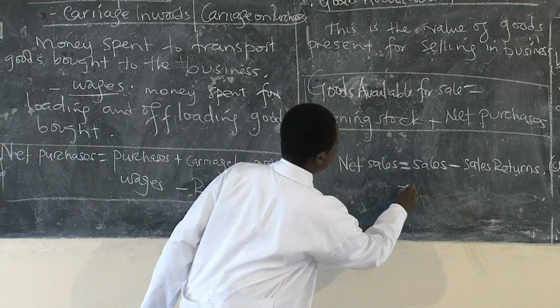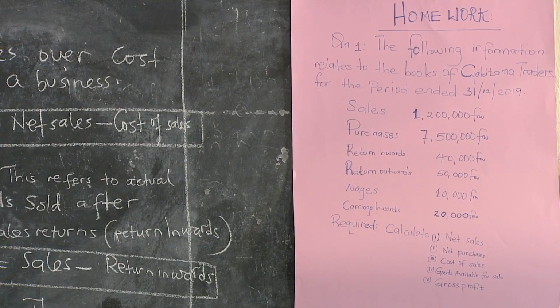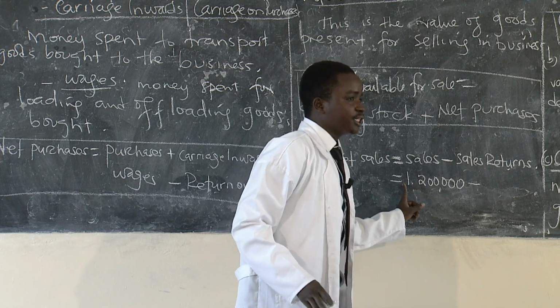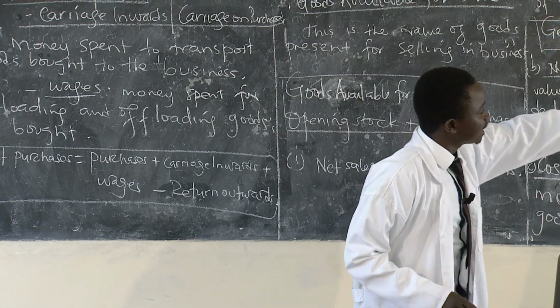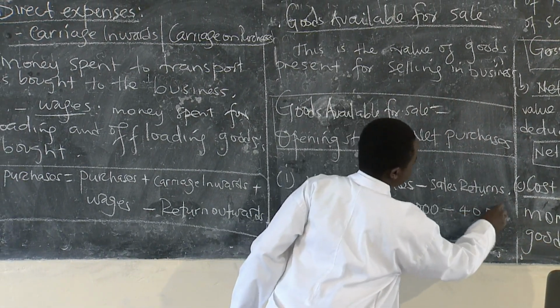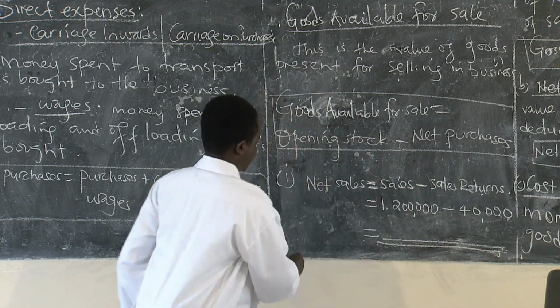Then you substitute, you look at our question. Do we have sales? Yes, 1,200,000. This is the value of goods that were sold, but customers returned some because of very many reasons. We have return inwards, 40,000. So you subtract 40,000. What will be the answer?